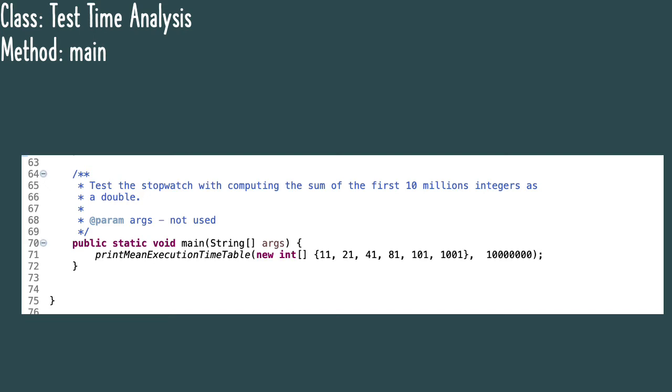Then we will execute 41 times, 81 times, 101 times, and in the end 1001 times for our method. And we'll add only the first 10 million numbers.